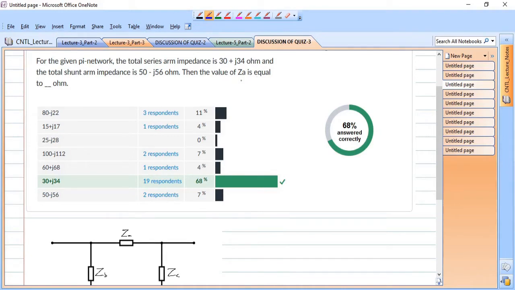Then the value of ZA is equal to, okay, ZA is the series arm impedance. So we have only one element, so what should be the value of ZA? It should be equal to 30 plus J34 ohm. So the correct answer is this one, 30 plus J34 ohm. Again a simple one.